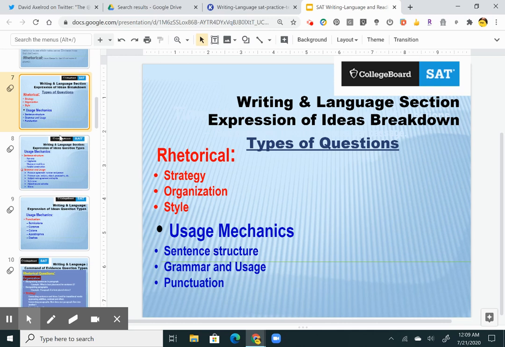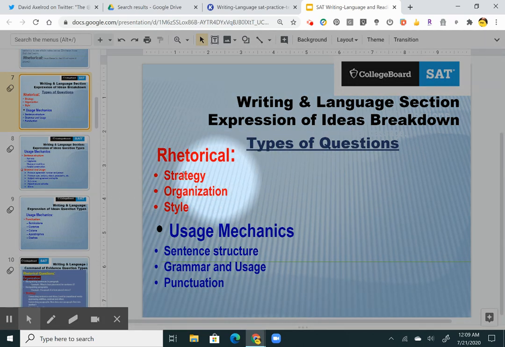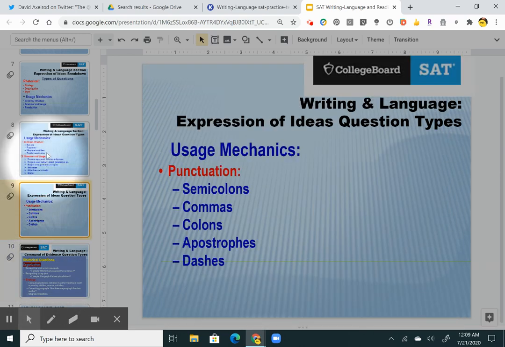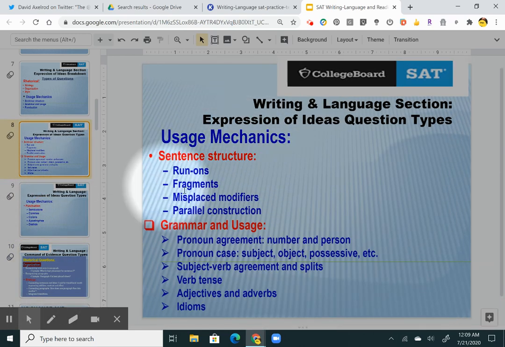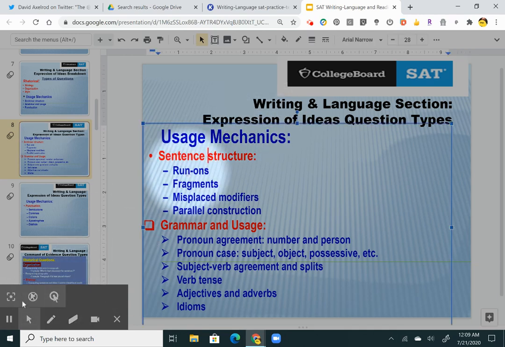Usage mechanics: sentence structure, grammar and usage, punctuation. These are the two major types as you break it down: usage mechanics and rhetorical. And how does that look? In usage mechanics, you have sentence structure: run-ons, fragments, etc.